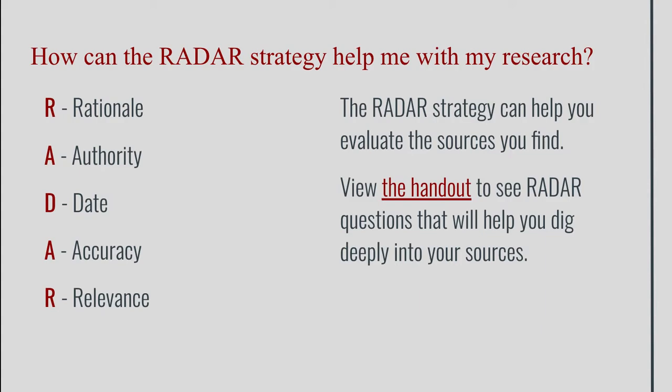Was the article or source reviewed by experts in the field before being published? Do references or citations support the author's claims? Are the references cited accurately and correctly? So again, we're evaluating how accurate the actual article is. Are there things that we noticed that seem a little off?